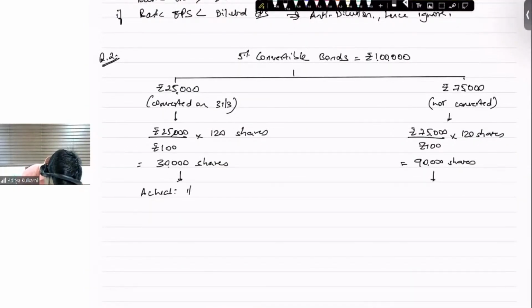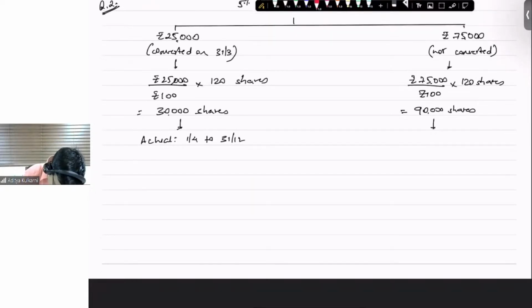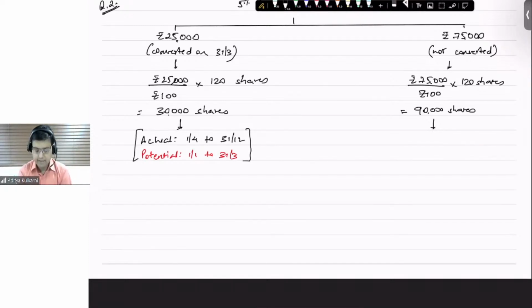Actually, they are present from 1st April to 31st December. That means, can I say that these shares were potential for the period from 1st of January to 31st March? Of course, I can say this.